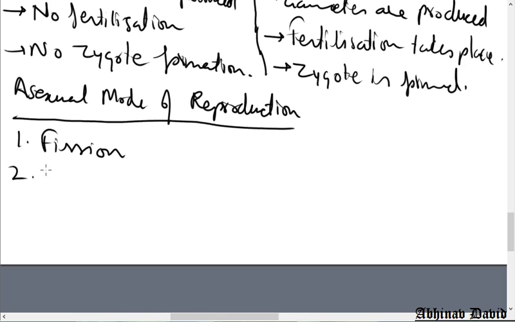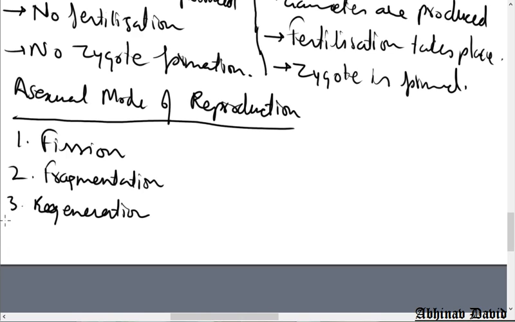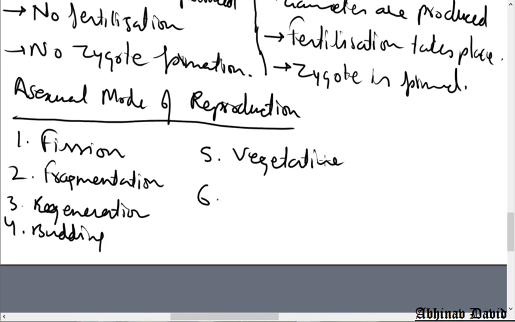First is fission, number 2 is fragmentation, number 3 is regeneration, number 4 is budding, number 5 is vegetative propagation, and number 6 is spore formation.